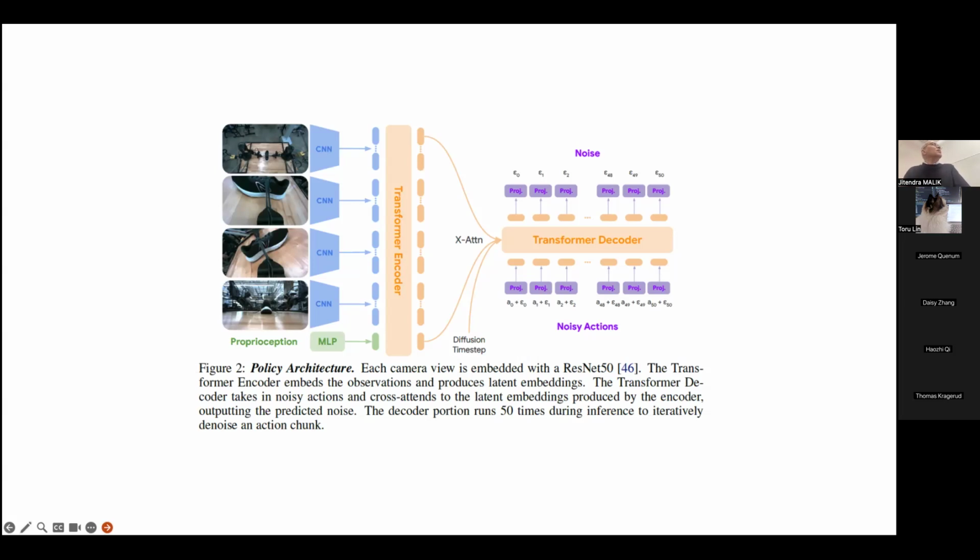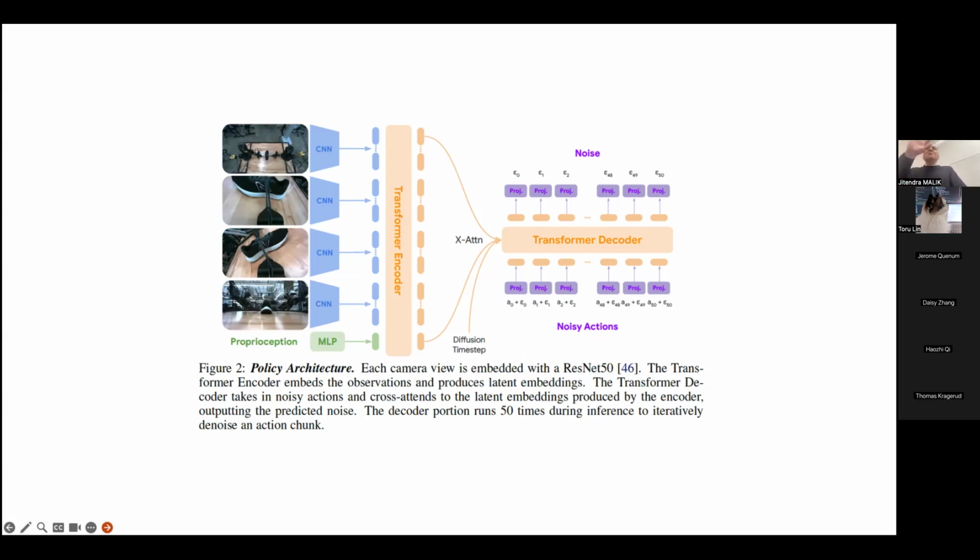Those are the images, and then you run them through a simple neural net, probably some ResNet 50 or something like that. There's proprioceptive information, which is all the joint angles, and that you run through an MLP to get an embedding. All of this is the input for the transformer encoder.